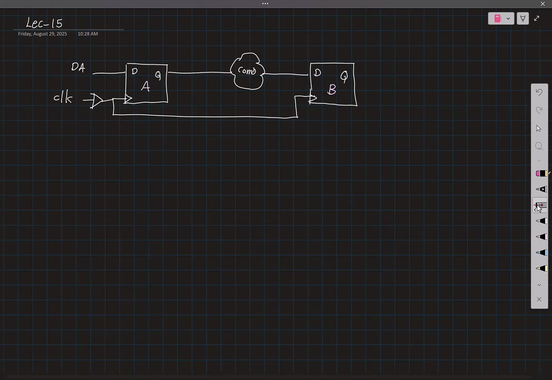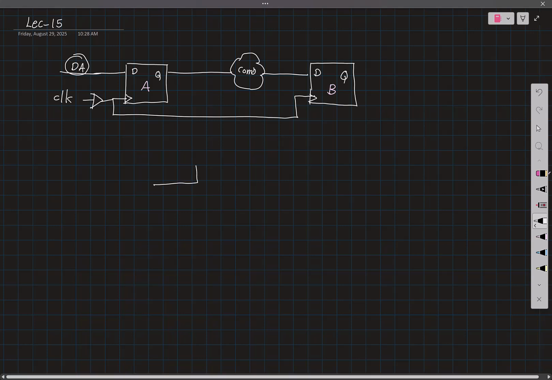Now, however, if I had asked you, so now your DA is an input, right? What should be the time before the clock edge that DA should be stable? What should be the time after the clock edge that DA should be stable? So in effect, if this is your clock edge, we now understand that the input here has to be stable for some time around this clock edge.